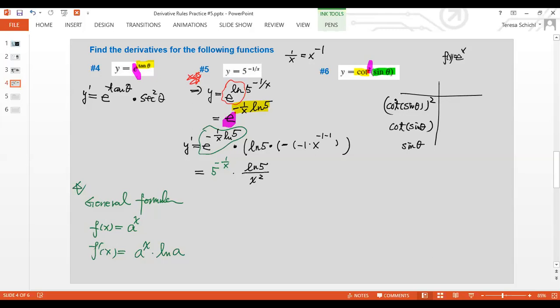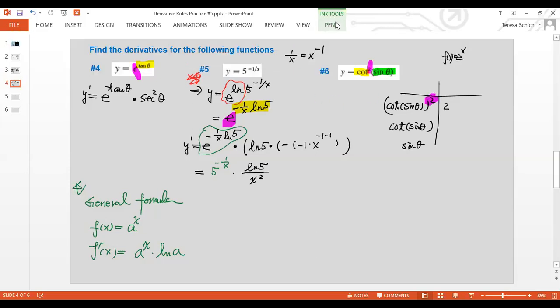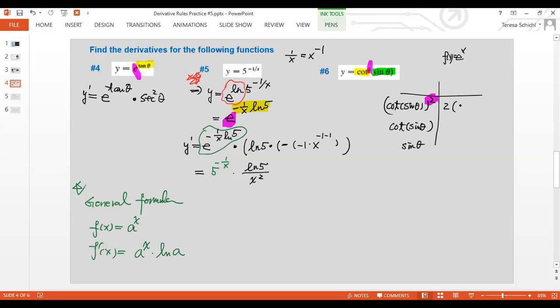Okay, now let's take the derivative. This is the power rule, because this is your primary. So this will be 2 cotangent sine theta to the 2 minus 1, which is 1. Then what is the derivative of cotangent? It's negative cosecant squared of sine theta. Then the derivative of sine theta is cosine theta.